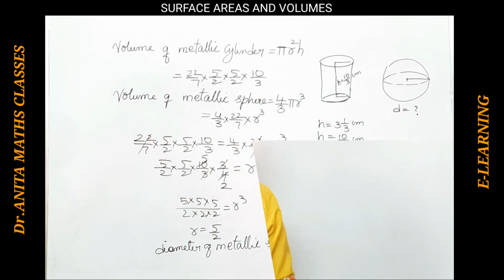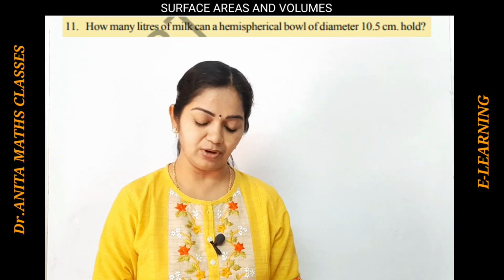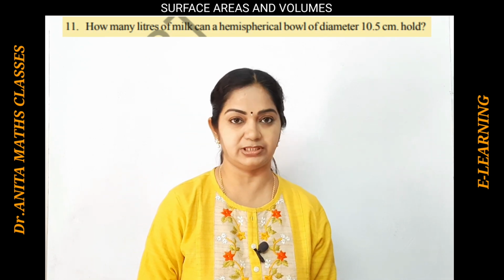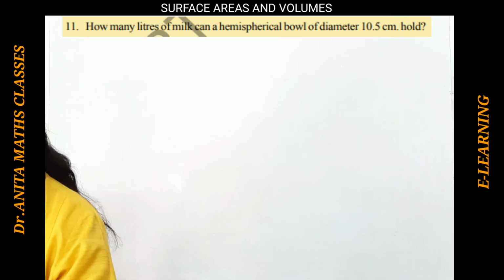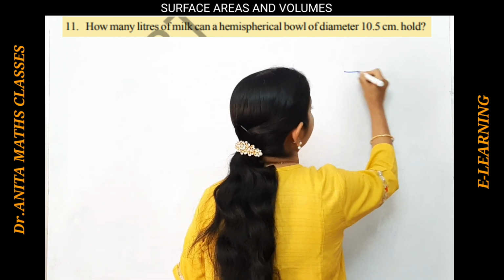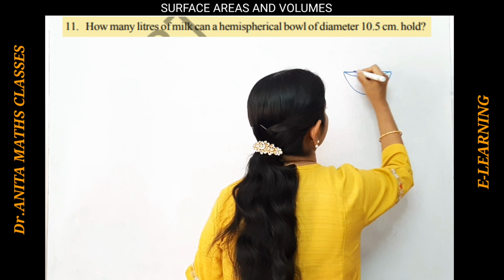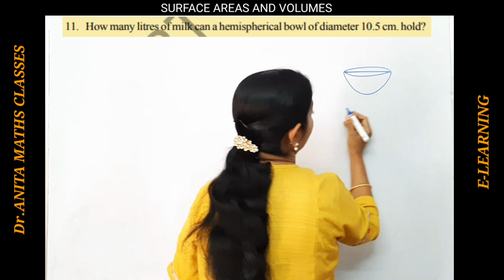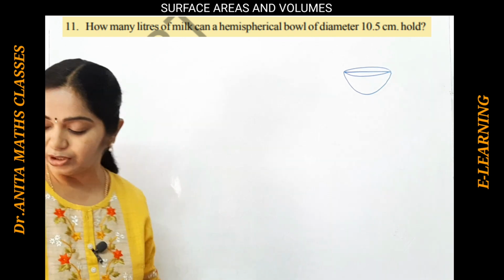Pause it and note it down. How many liters of milk can a hemispherical bowl of diameter 10.5 centimeters hold? Here given is the hemispherical bowl, okay. So how many liters of milk will it hold? How much milk it holds means we have to find the volume of the hemisphere.